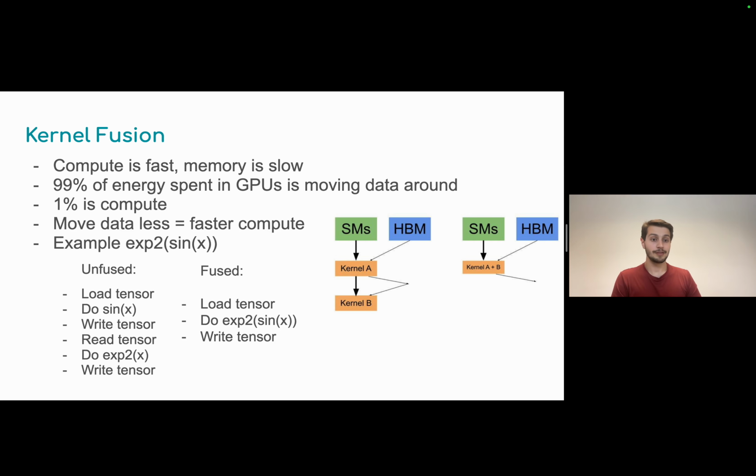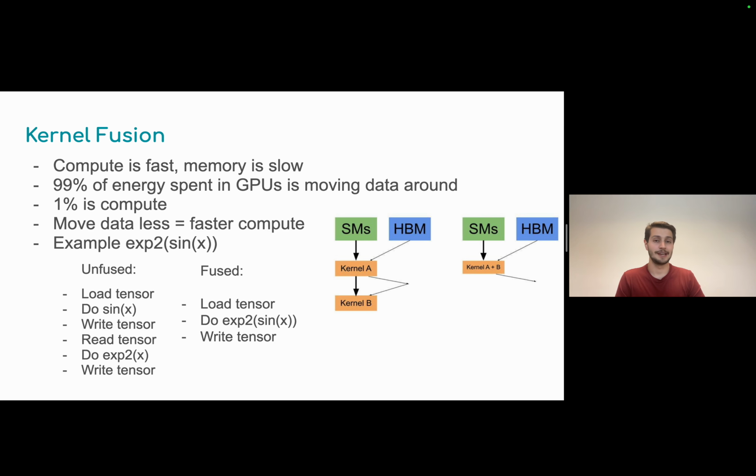So the naive way is we load the tensor from memory into the compute unit. We do sine. We write the tensor back into global memory, and then we read the same stuff back into the compute unit, do exp2 again, and then we write it back into memory. But this is really bad.